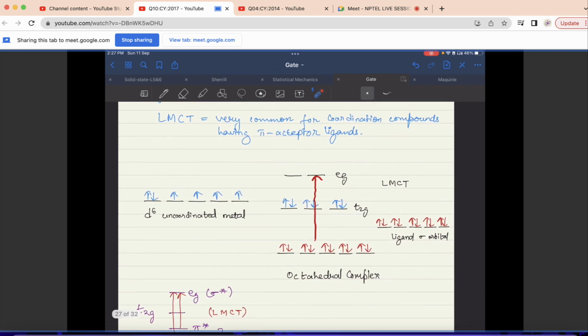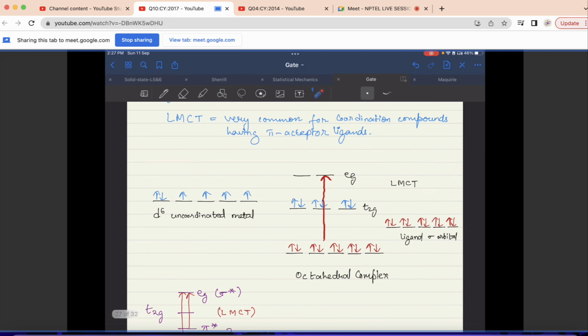So in terms of molecular orbitals, let's look at this. This is a d6 uncoordinated metal, and here we have a ligand with a full sigma orbital. In an octahedral complex, the molecular orbital diagram will look like this, where the degenerate d orbitals split in the octahedral field into T2g and Eg orbitals.